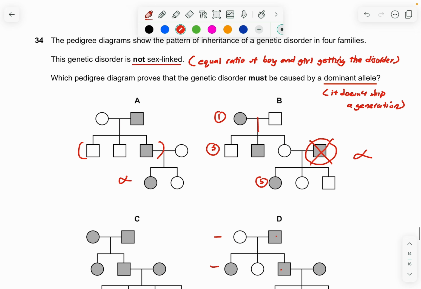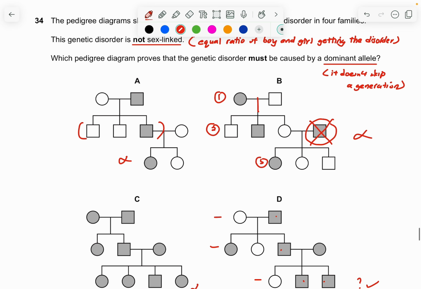Why did I say that A is wrong? You can try to find out by drawing the Punnett square and see. If you want to say that this is dominant, the male one that has got it is HH, and then here they got H, small h. So for this one, you can see that it gives you HH, HH, HH, HH.